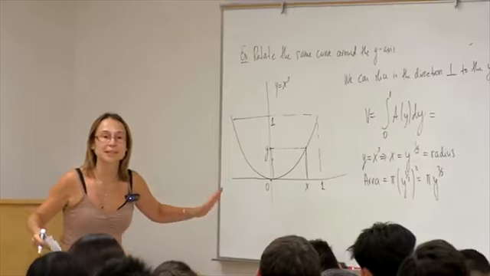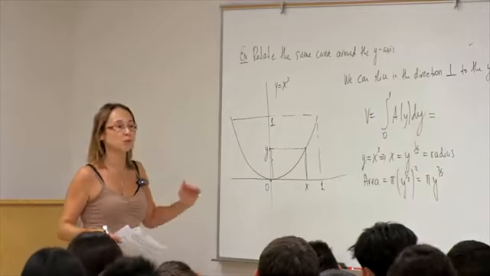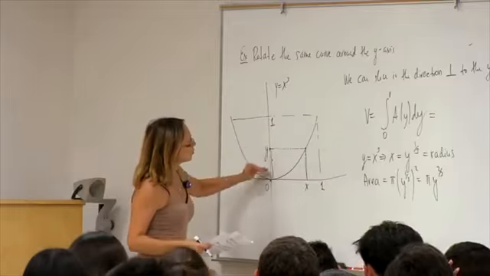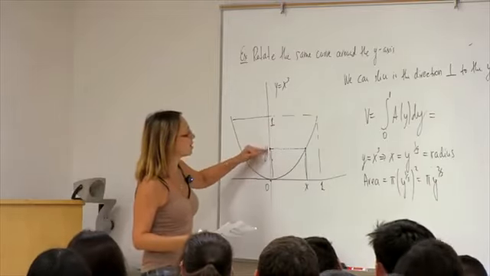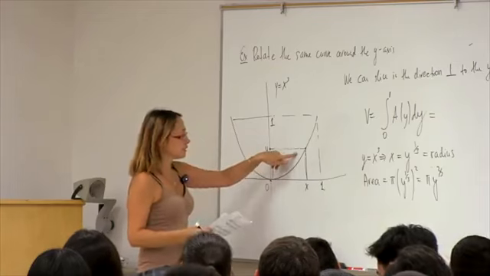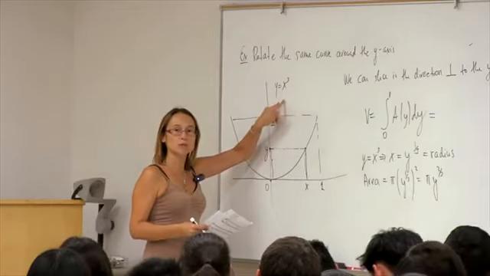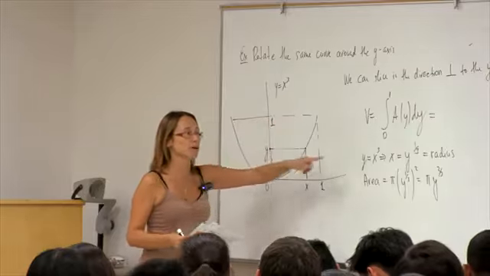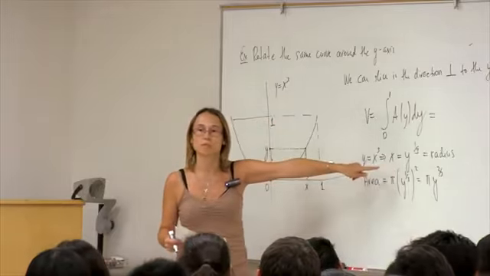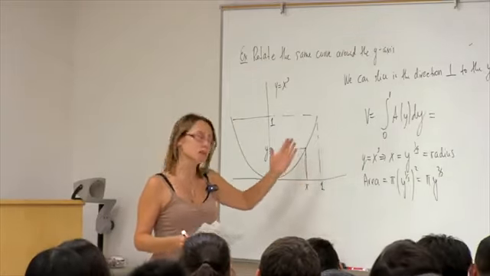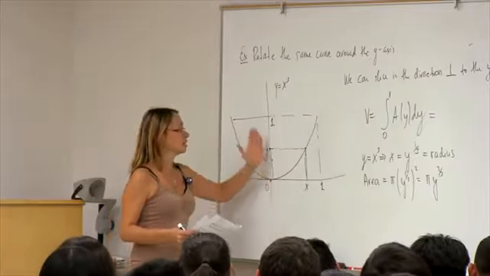So my operation here is slightly different. I have to express everything in terms of y. Given y, I'm going to change my y from 0 to 1. Given y, what's this length? This length is given by x. Y and x are related like this, so I have to solve for x in terms of y. So I reverse my function, and you always do this when you integrate in the y direction.